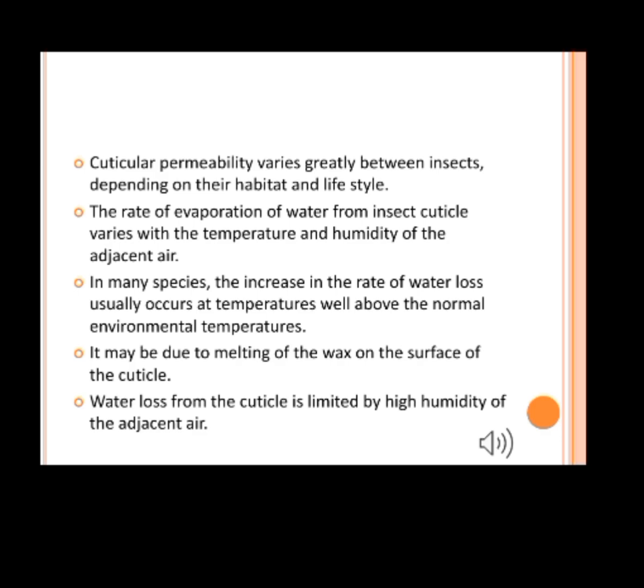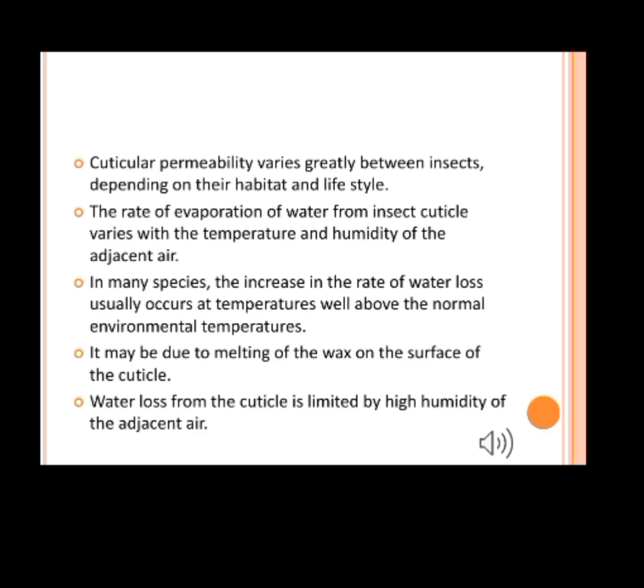This cuticular permeability for the loss of water varies greatly between insects, depending upon their lifestyle and habitat. The water loss from an insect's cuticle varies with temperature and also with the humidity of the air.